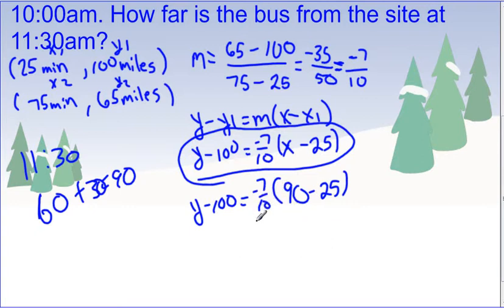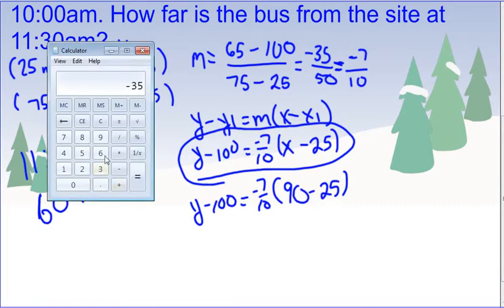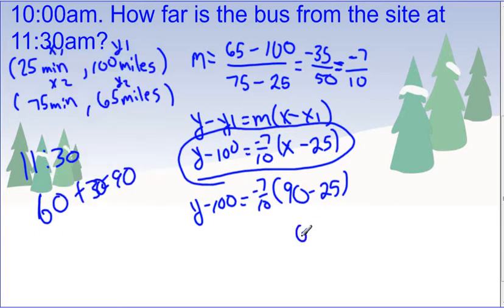Now we just solve this ugly, ugly thing, but it's still just a math problem. I'm going to work on this side first. I'm going to do the math inside the parentheses. 90 minus 25. I'm glad I have a calculator for this. 90 minus 25 equals 65.